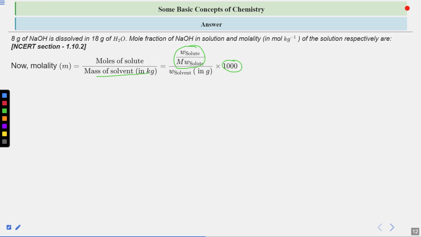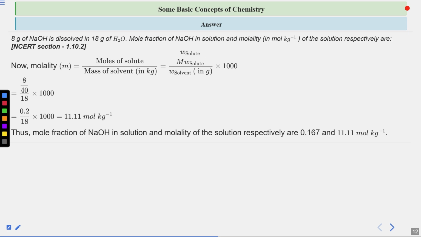Because the mass of solvent should be in kg in case of molality, but here it is given in grams. If you substitute all the values here, you will get 11.11 mole per kg. Therefore, your mole fraction is 0.167 and your molality is 11.11 mole per kg.